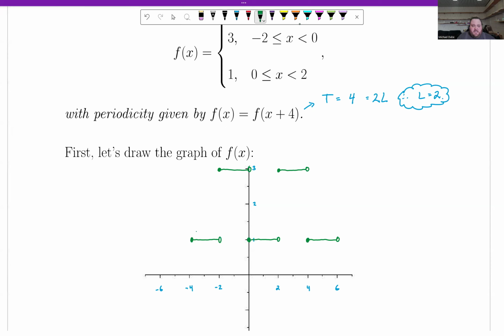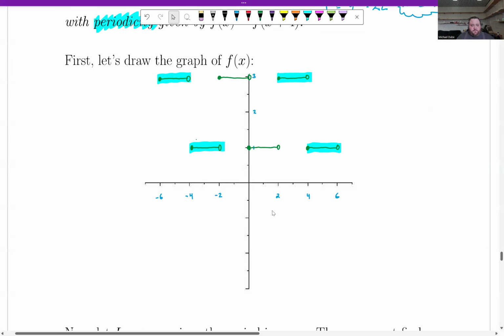Here we have this height, and then here we have this height. And all of this comes from the fact that we have a periodicity, this property right here, where it is repeating outside of the bounds from negative 2 to 2. Okay, good. So we have this function right here.